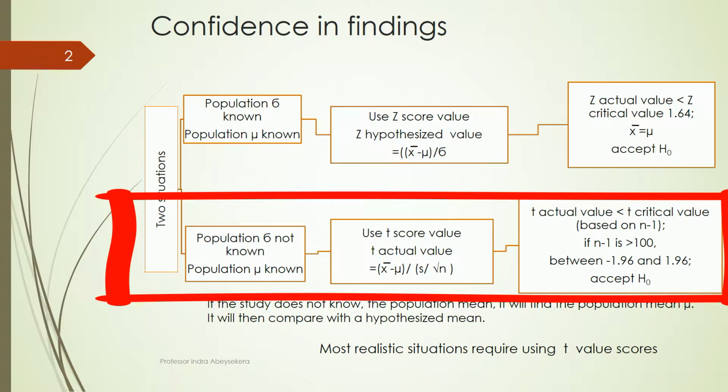If the standardized value that we have computed is within the range of minus 1.96 and plus 1.96, then we accept the null hypothesis to say that the hypothesized mean equals the population mean. Accept the current norm. If they are not equal, then we reject the null hypothesis.